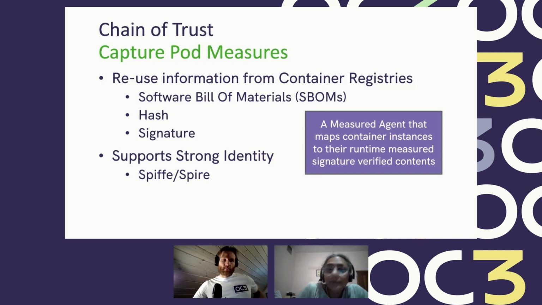And this also helps support strong identity, what SPIFFE/SPIRE wants, and why we all want it. I'll give you an example. Suppose you're doing federated learning, you have a multitude of collaborators, possibly different hospitals, and they all bring in their own data, and they want to collaboratively build a single machine learning model, maybe for some cancer detection.